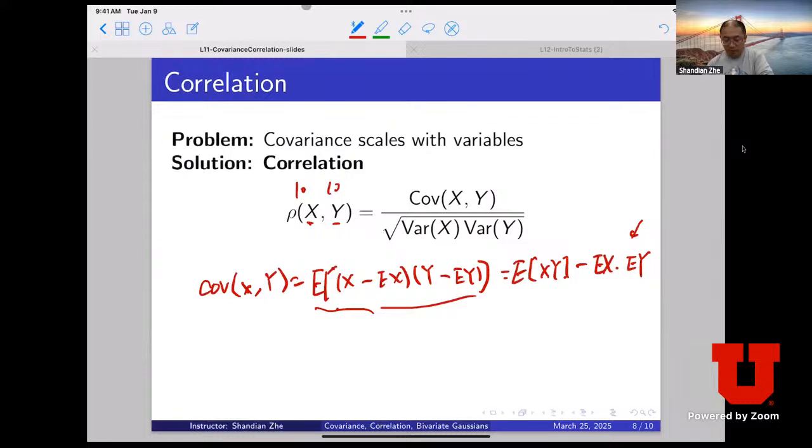We can verify by ourselves. If you just calculate the covariance of 10x and 10y, you can leverage this definition and immediately obtain that the covariance will be 100 times the covariance between x and y.